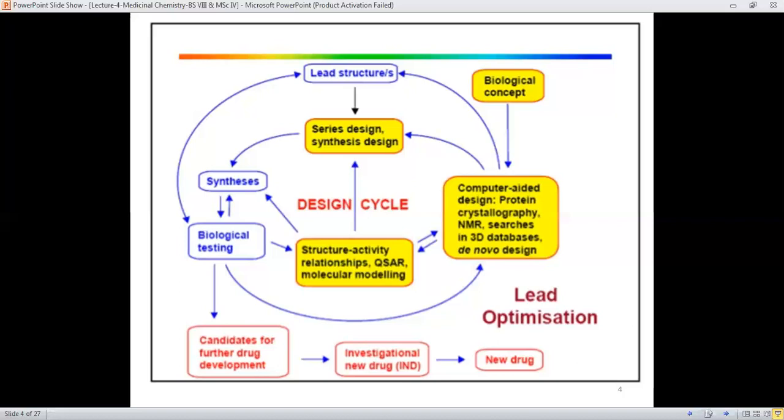After this stage, which is interrelated to computer aided design, protein crystallography, NMR, searches in 3D databases, and de novo design, this also leads towards the lead structures.